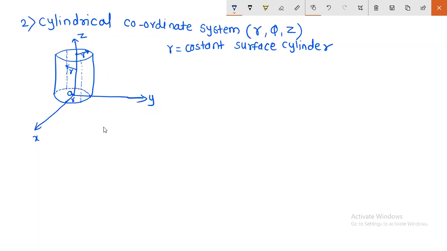Now tell me, from which point to which point can this radius vary? What can be the value of the radius? Can it be negative? Yes or no? It can be negative.